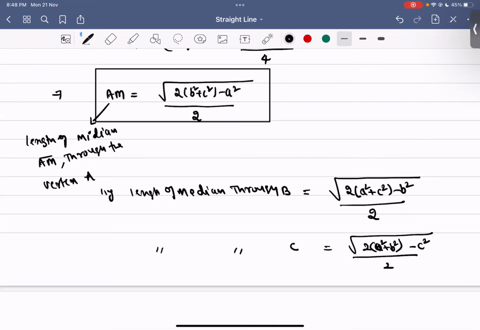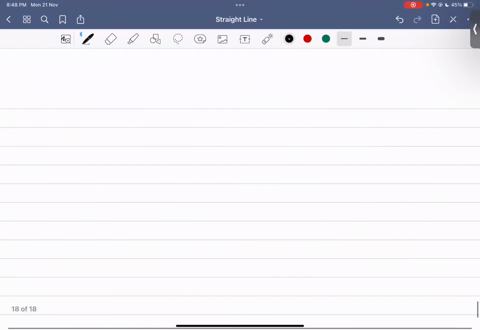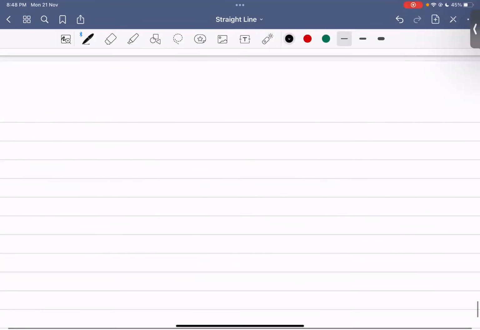Next terms are parallelogram, quadrilaterals.